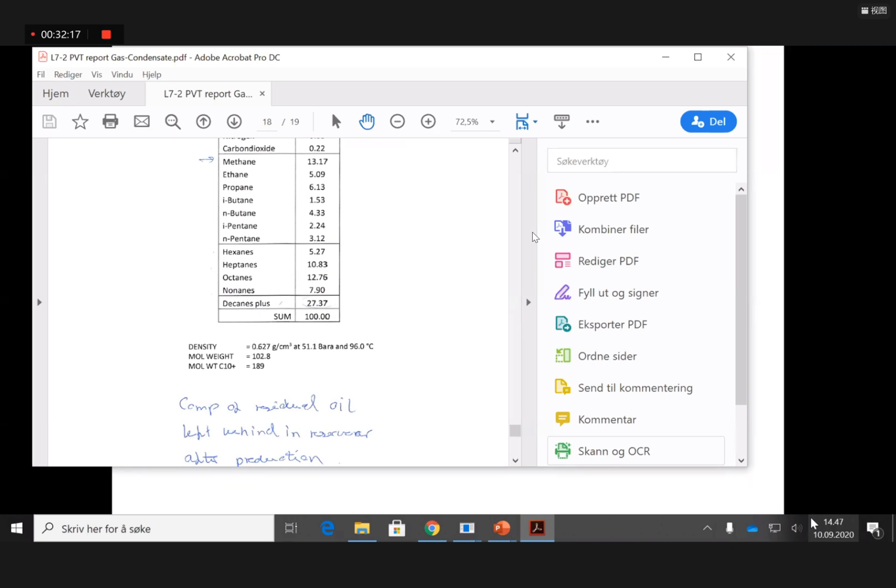And it's important information if you are going to place production wells, so you are able to drain all segments of your reservoir. So it's important information that is a part of the PVT reports regarding an evaluation.